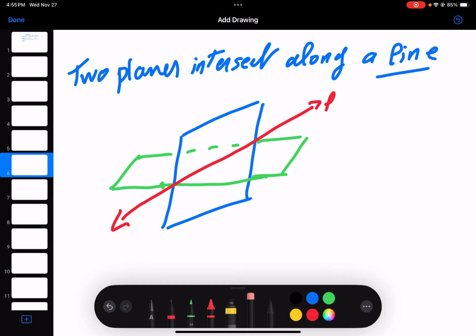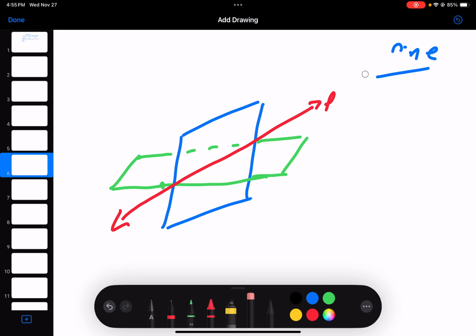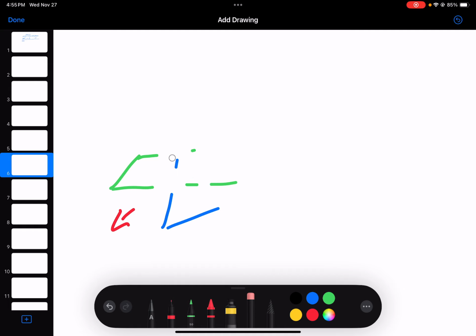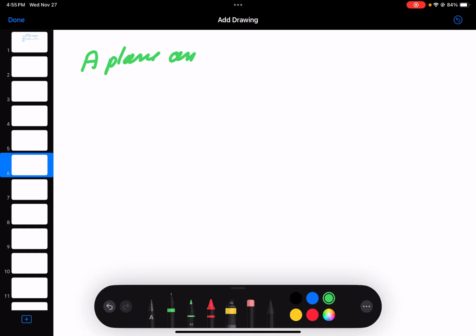Lastly, a plane and a line intersect at a point.